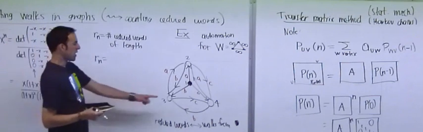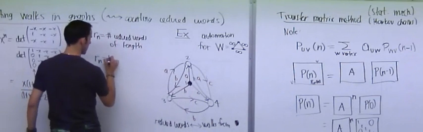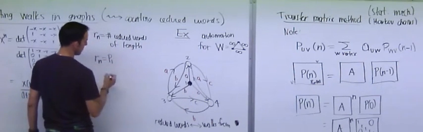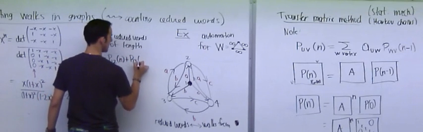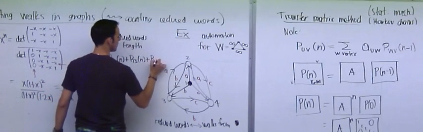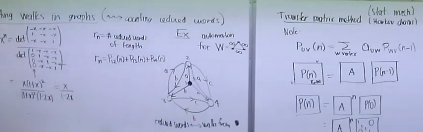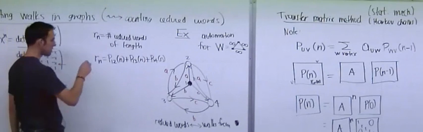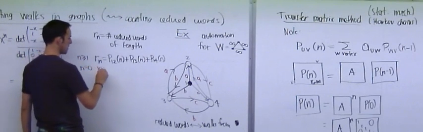Well, it's the number of walks from 1 to something. So it's either that I walk from 1 to 2 in n steps, or 1 to 3 in n steps, or 1 to 4 in n steps. I can't walk from 1 to 1 unless n equals 0, right? So this is for n greater than or equal to 1, and for n equals 0, I get R0 is equal to, well, let me leave a little bit of space.